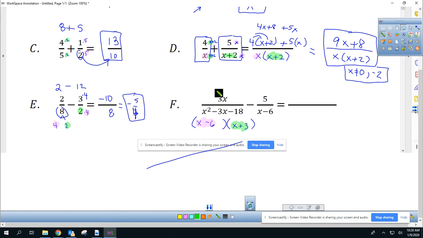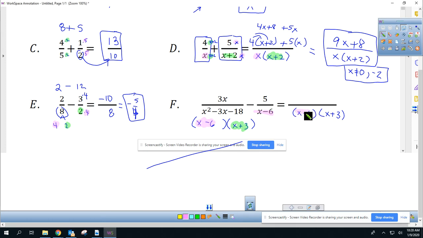So when I make my common denominator, I'm going to compare this denominator with the other denominator. And if you notice, this x minus 6 is already part of that. It's the pink denominator piece. So I'm going to say that these two pinks can go together, which means my common denominator is going to be the x minus 6 pink piece and the x plus 3 green piece. And I'll show you that in just a second.